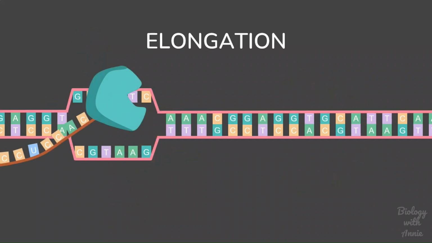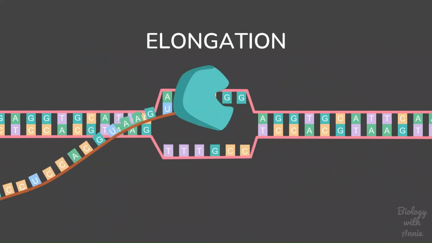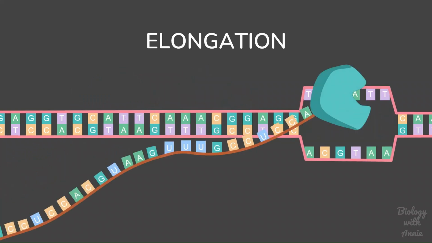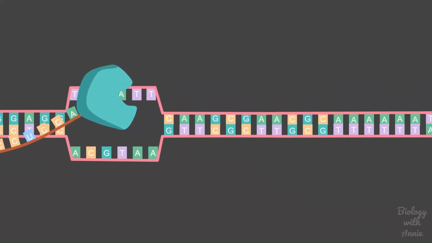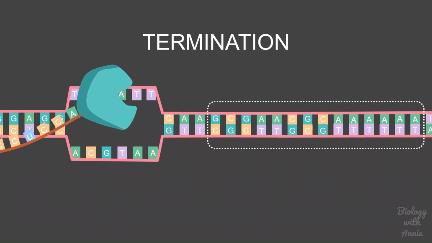During elongation, approximately 40 ribonucleotides are added to the nascent RNA chain every second. The RNA chain is displaced from the DNA template strand as RNA polymerase moves along the DNA molecule, and this process continues until RNA polymerase reaches the end of the gene where it encounters the termination sequence.